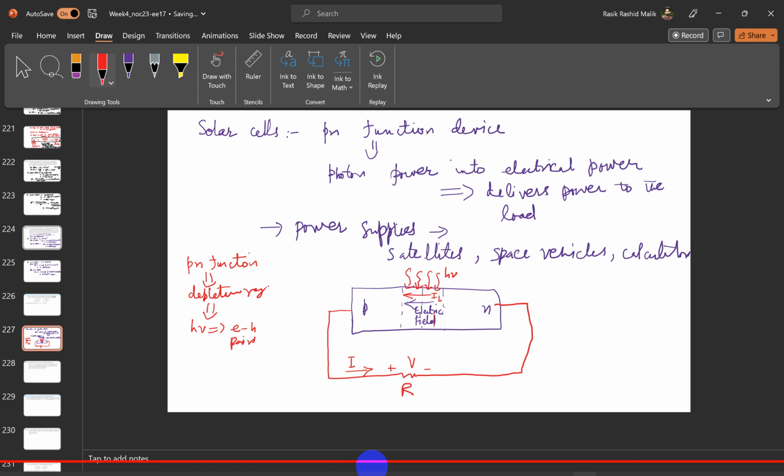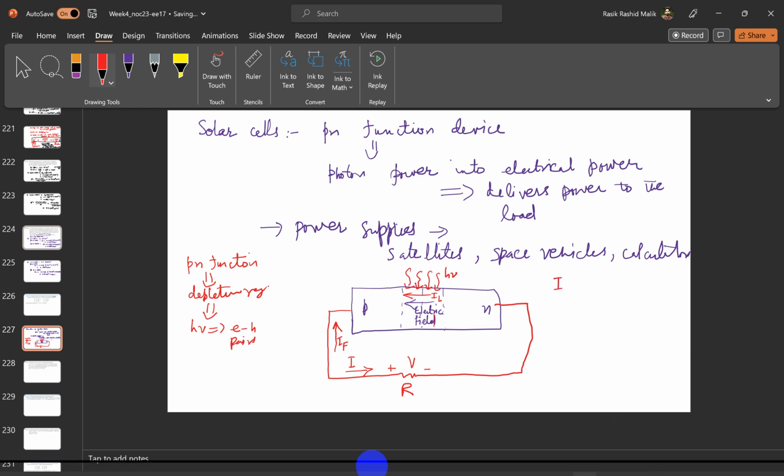With that we will have the forward component of the current, say IF. So the net current will then simply be IL minus IF.